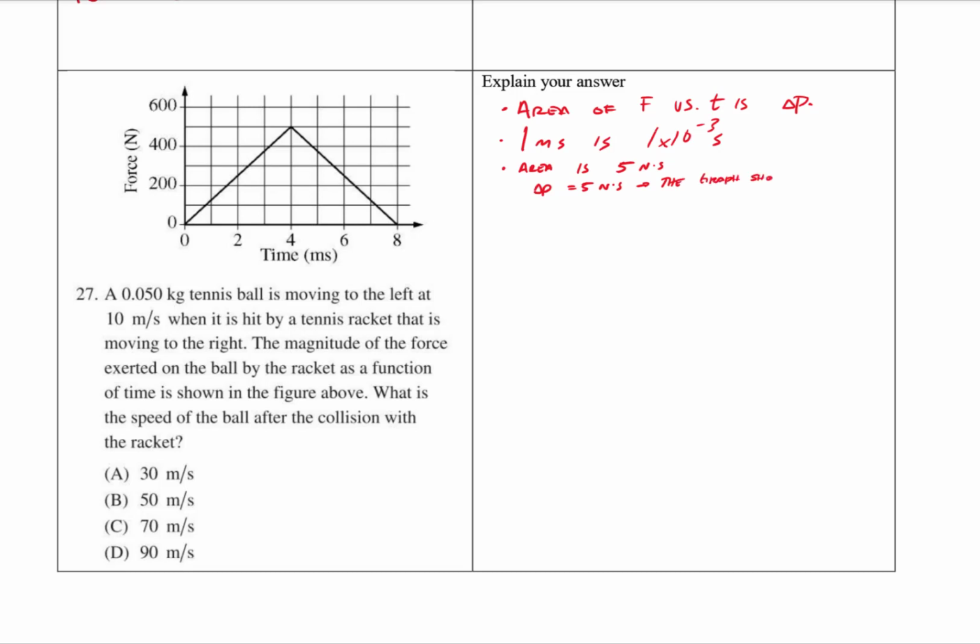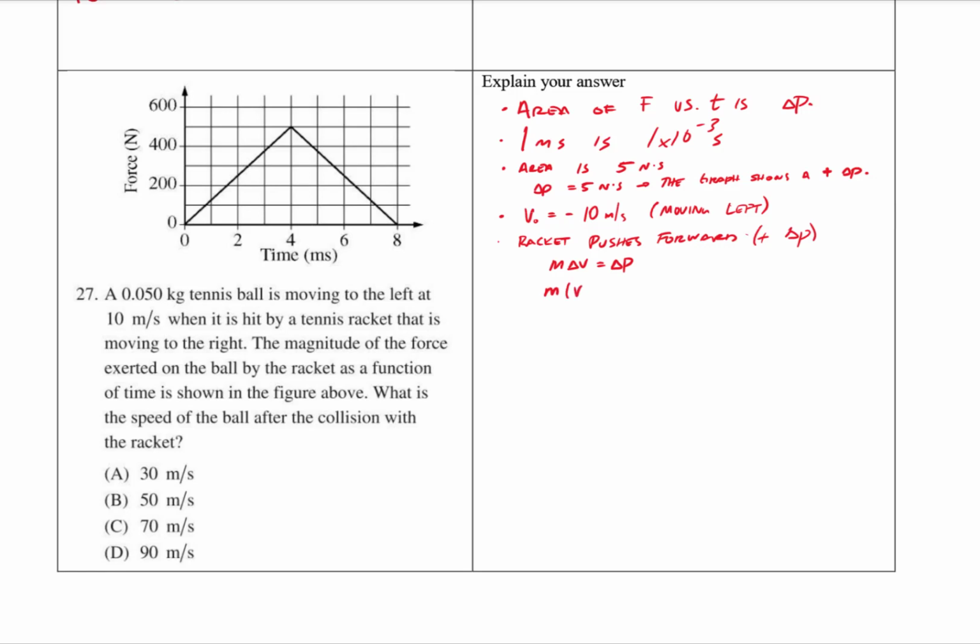And what we see here is that that force is positive. It shows me an increase in momentum. So looking at the tennis ball, it's moving to the left to begin with. That means the initial velocity of the tennis ball is negative 10 meters per second. The racket pushes forward with that positive force, giving me a positive change in momentum.